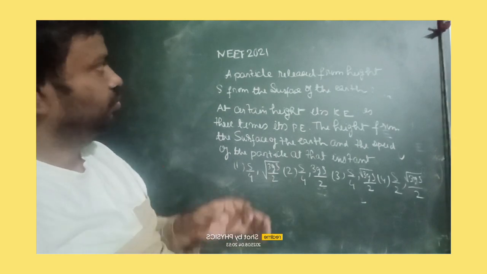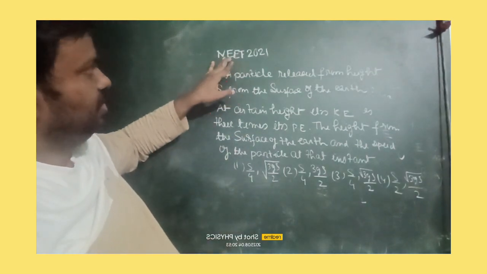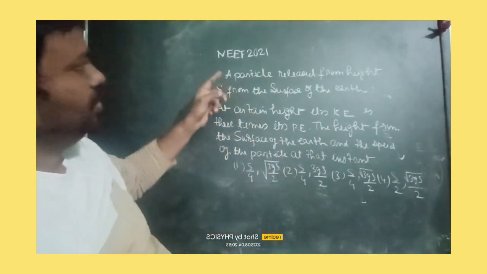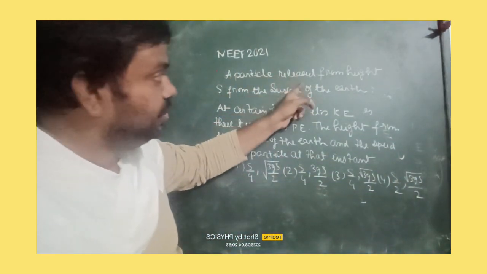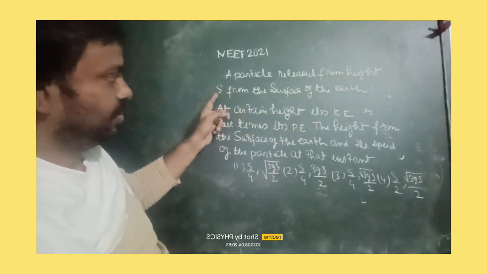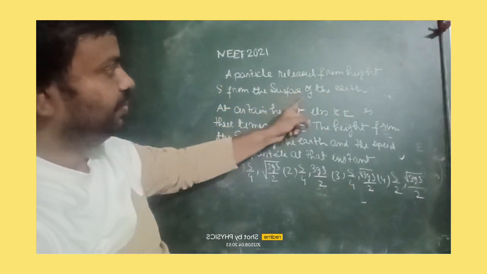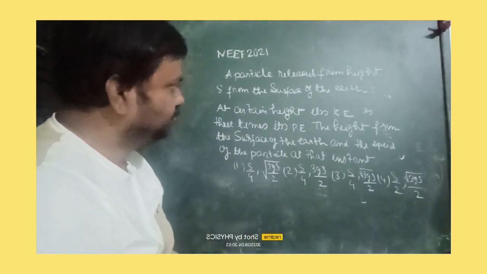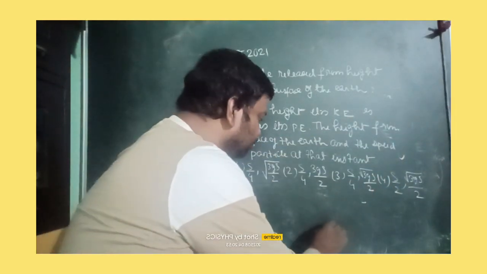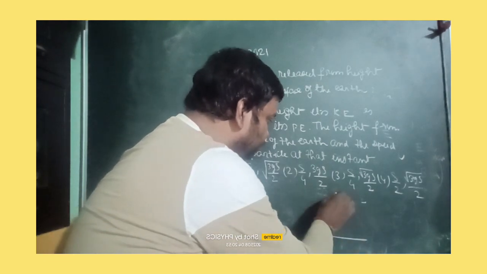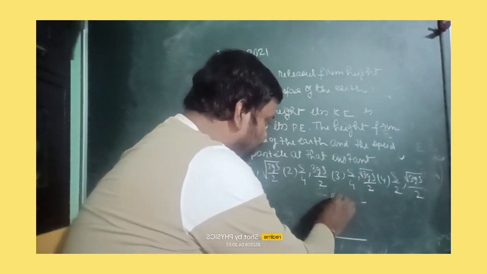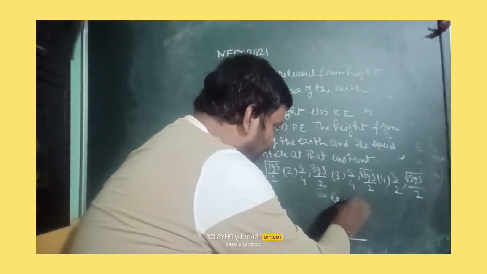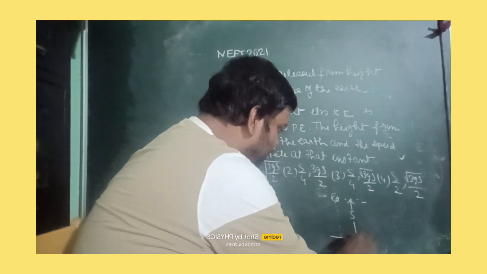Now let's move to the next question, NEET 2021. What is the question? A particle is released from the height s from the surface of the earth. Now let's draw. This is the particle. It is released from the height s.